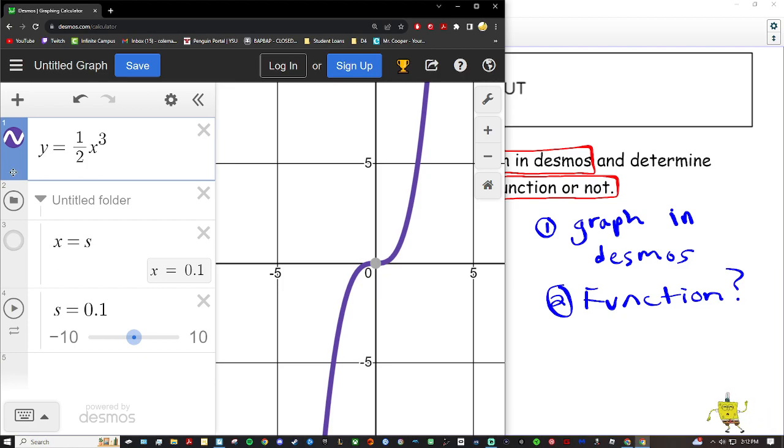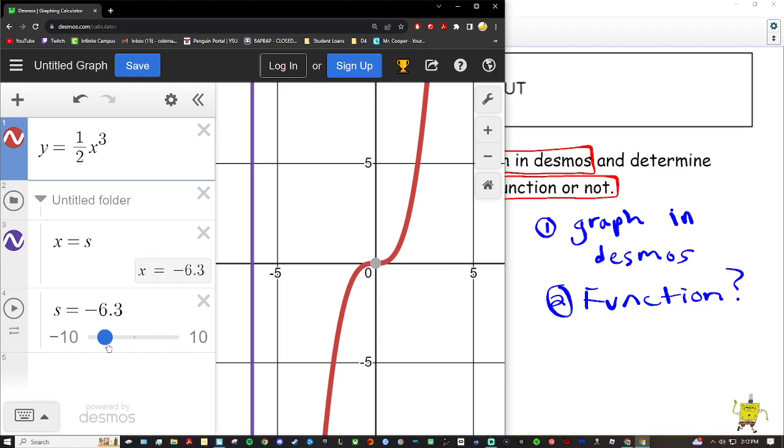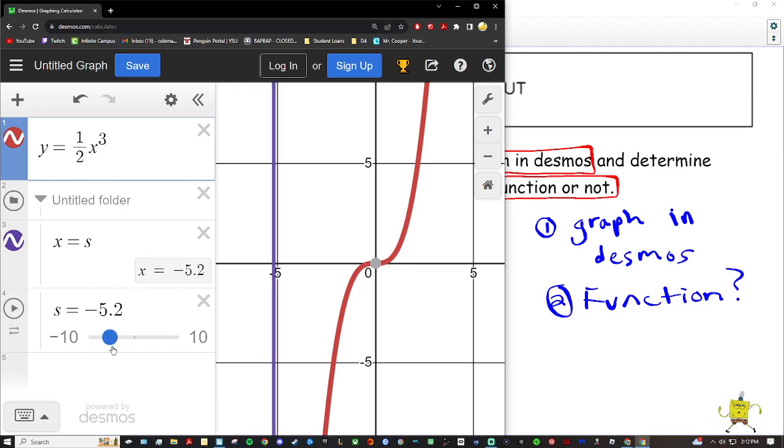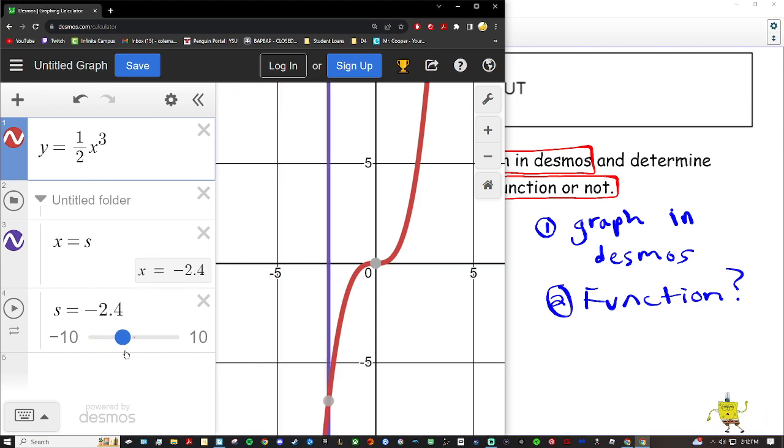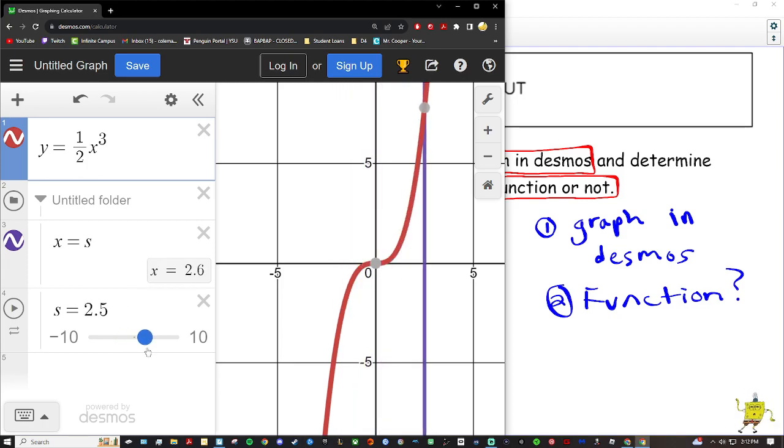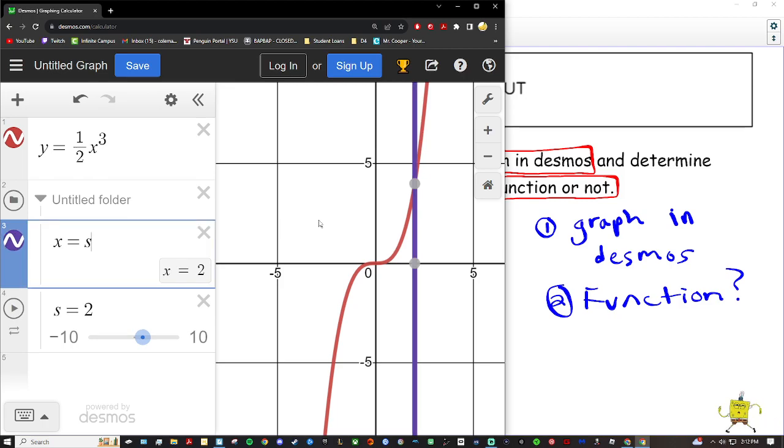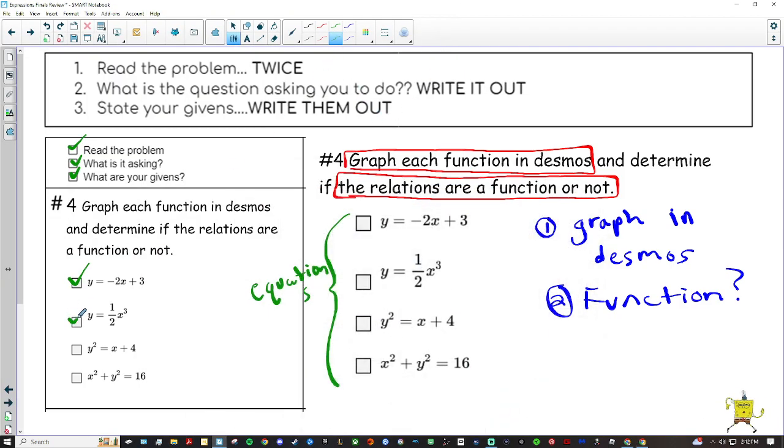Take your pencil. In my case, I am pulling up my little line, and I'm sliding it across. Does my line ever hit more than once? No, it only ever hits one time. So this is a function.